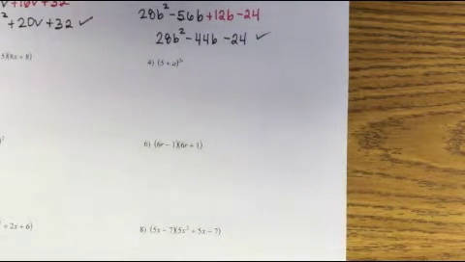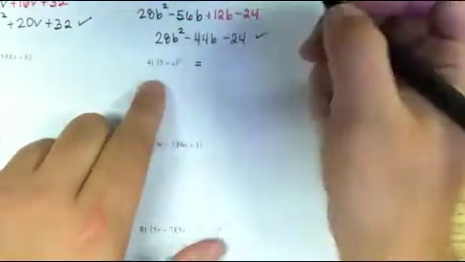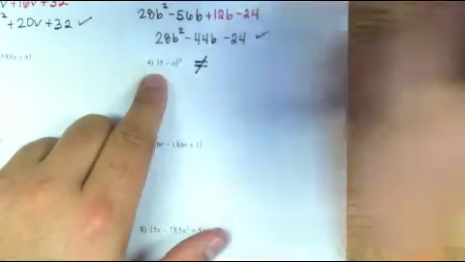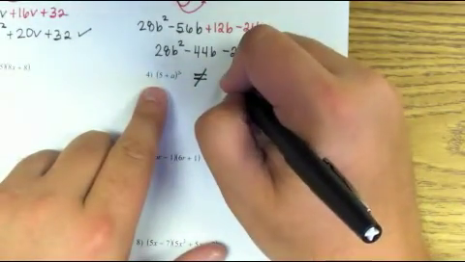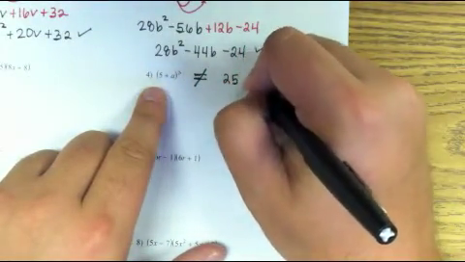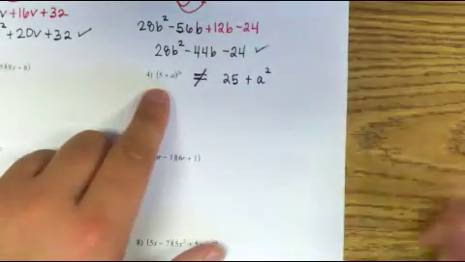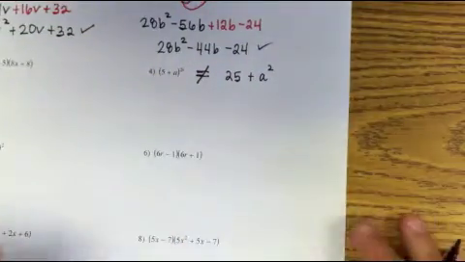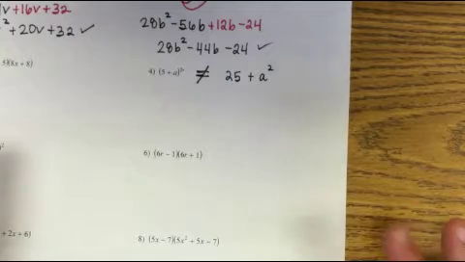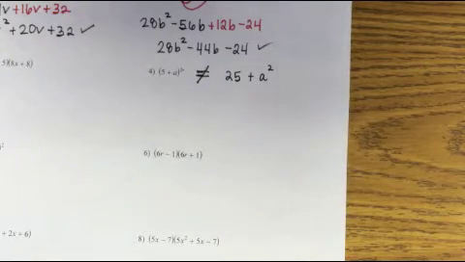Let me put that down real quick, and you may want to write this down if you're following along with me. The answer is not equal to 25 plus a squared. No. Now, that may be part of the answer, but that's not the entire answer.